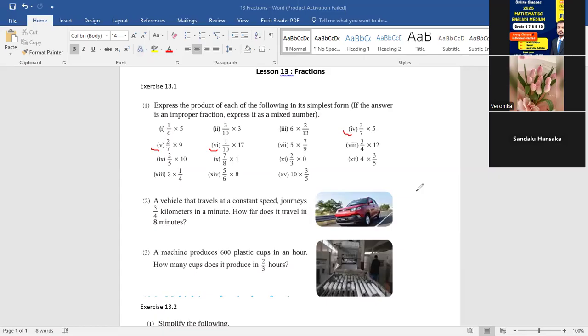Hope you got the point. Only the numerator can be multiplied by the whole number. Okay. You have got the answer to this fourth one. Yes, it is correct. Yes, the second one is also correct.